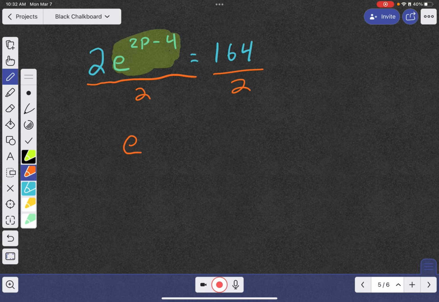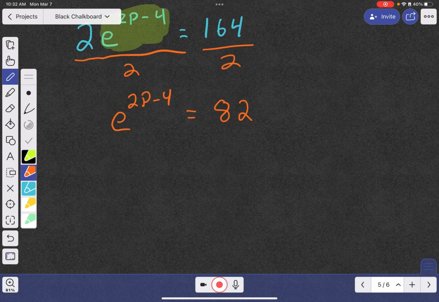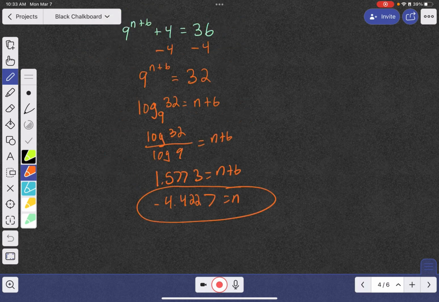That gives me e to the 2p minus 4 equals 82. It's isolated. Now I need to write it as a log. What is this as a log? Log base, what's my base? What letter's there? E. Just e. Back here it was 9.